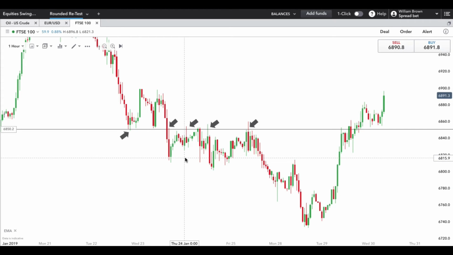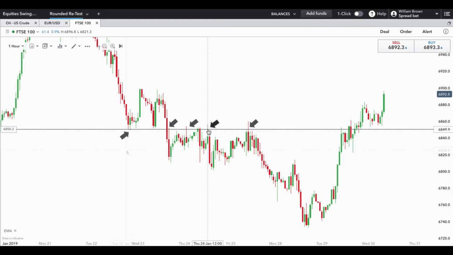And again, we reached that with a fair amount of ease, but this being a 1 hour chart, you'd have been short here, where your order was filled, and your take profit wouldn't have been hit until roughly 13 hours later. If this was your first time ever trading the rounded retest setup on this market, then perhaps you would have been shaken out of this trade. Perhaps you would have been taken out for break even, as we've just looked at.